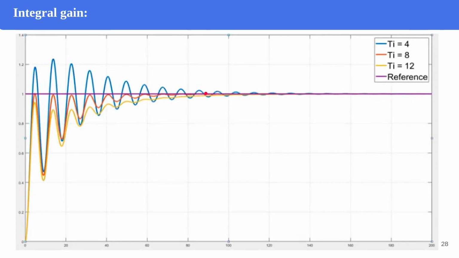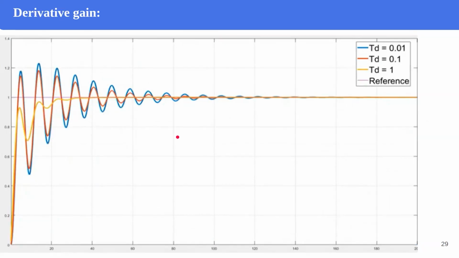Based on these values, you see the orange one when Ti is equal to 8 is better than the other lines.